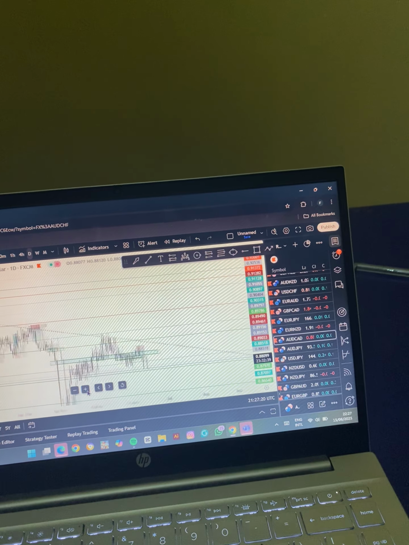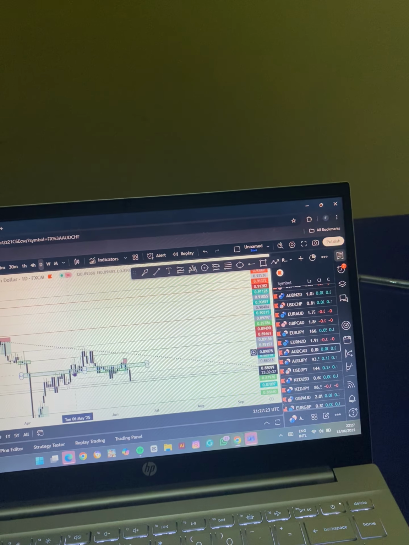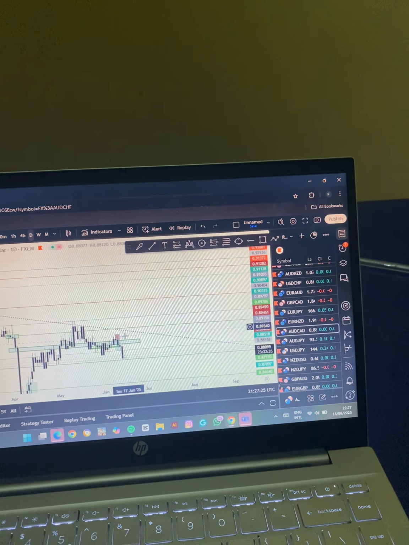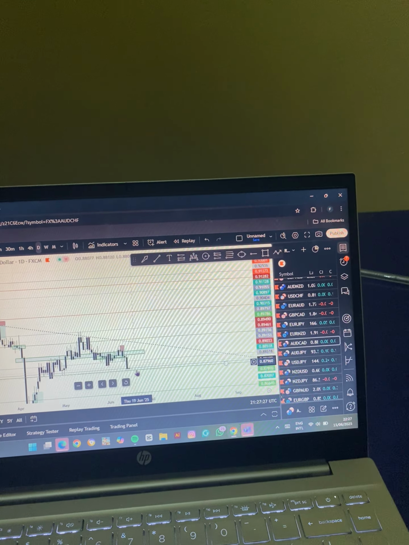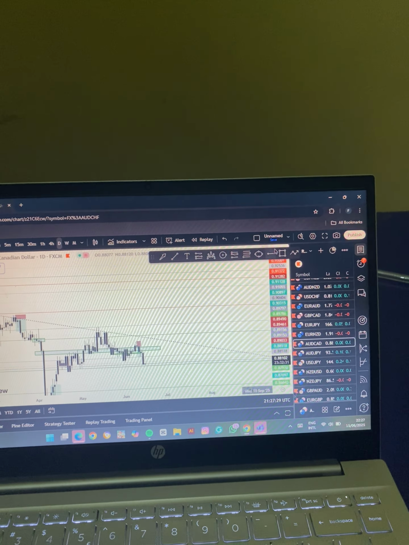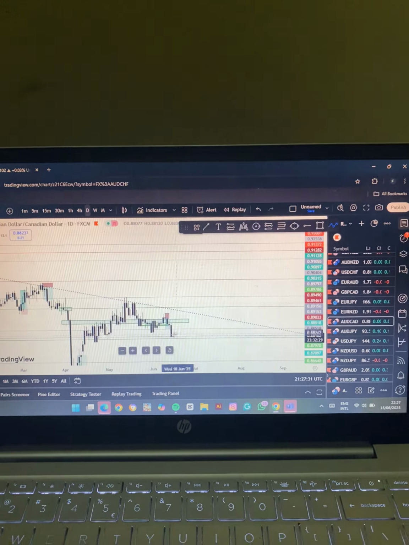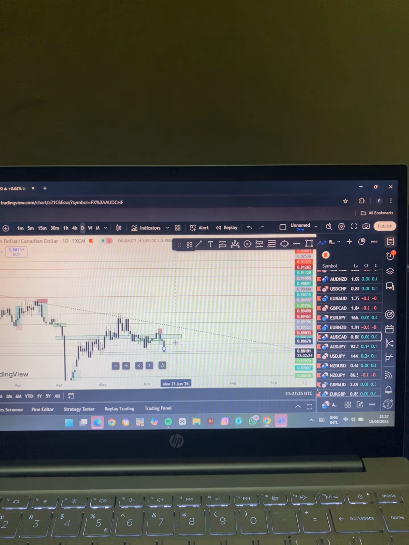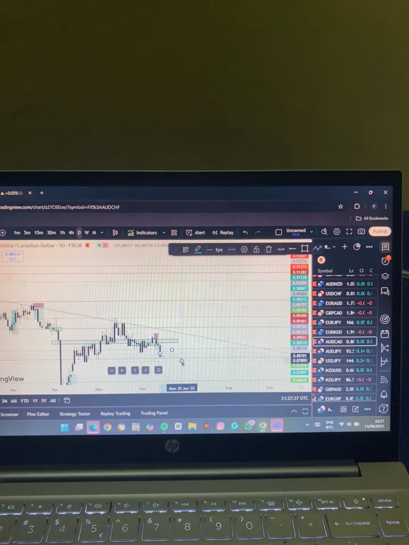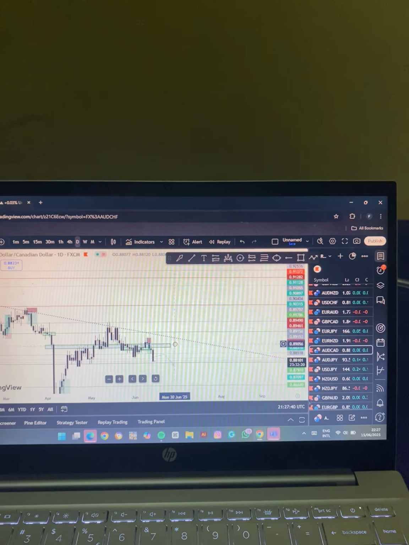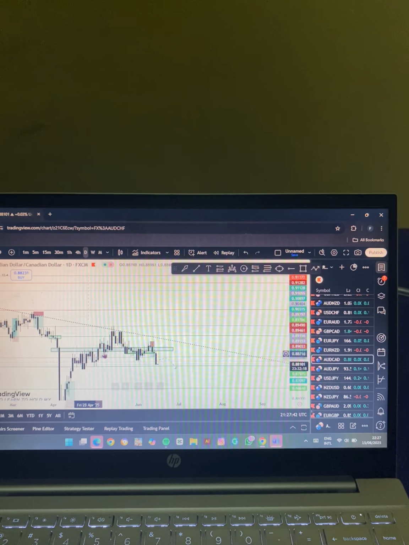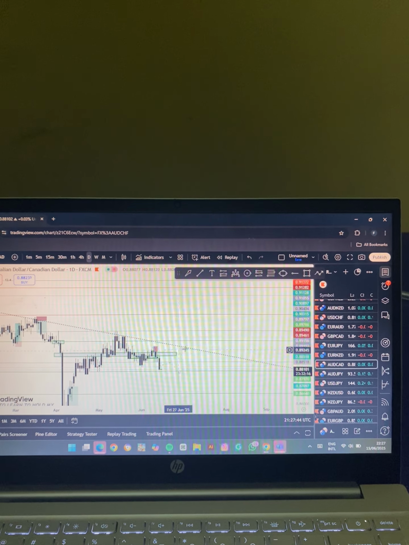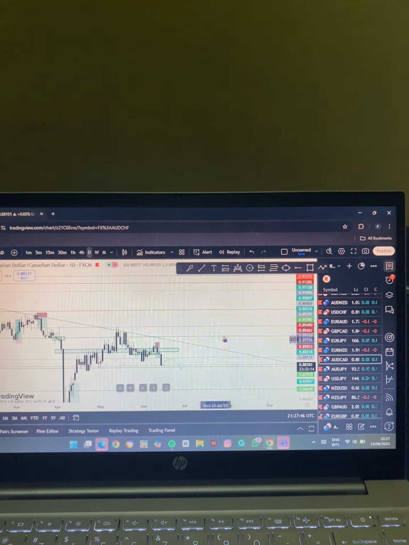Let's look at the head and shoulders: the left shoulder, head, right shoulder. So what we'll be looking for now on this trade is a retest to this key area, then down. That's what we're going to be looking for. So this key area, retest key area, then continue downtrend.